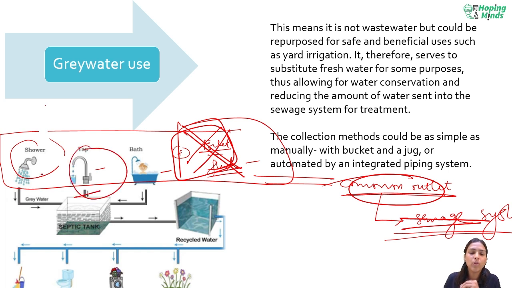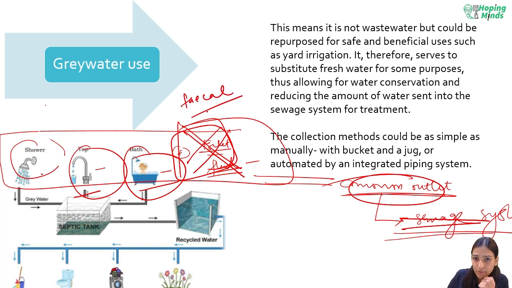Tap water in the sink, what does it have? You wash your hands, it's a little bit of soap, a little bit of dirt. You brush your teeth, it's a little bit of paste, a little bit of saliva. You take a bath, it's again soap, water and dirt from your body. It's not fecal matter. It has not in any way come in touch with fecal matter.